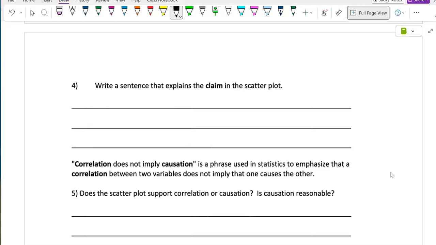It's actually flipped around because remember, storks is our independent variable.